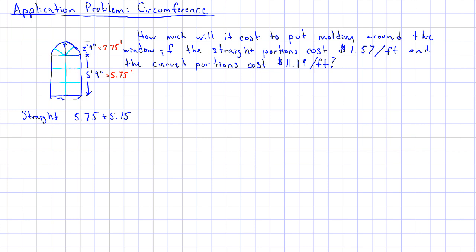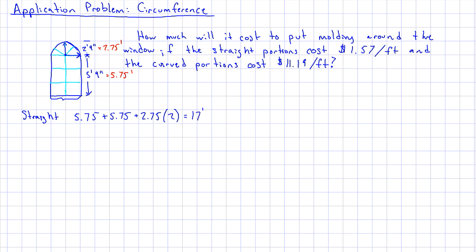So it means that this distance here from the center to the edge is also 2.75. So I will add 2.75 times 2 in order to get these 3 straight sides. So when I add those all up together, I get 17 feet.